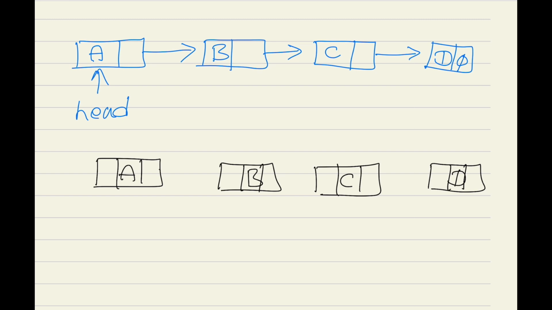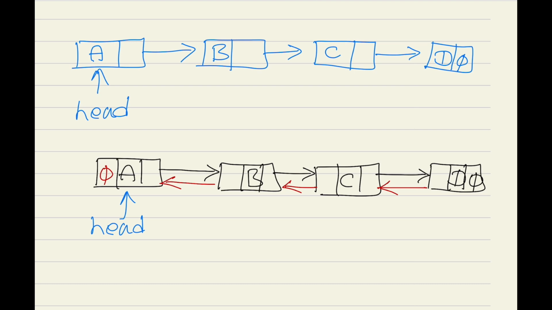One link refers to the next node, and here the next of D is null, and another link refers to the previous node. Like this, this one, this one, this one, and here the previous of A is null, and we have a reference head that is going to refer to A.